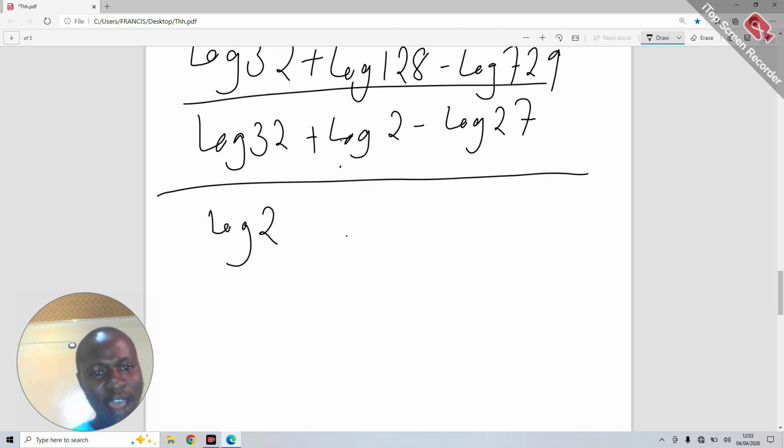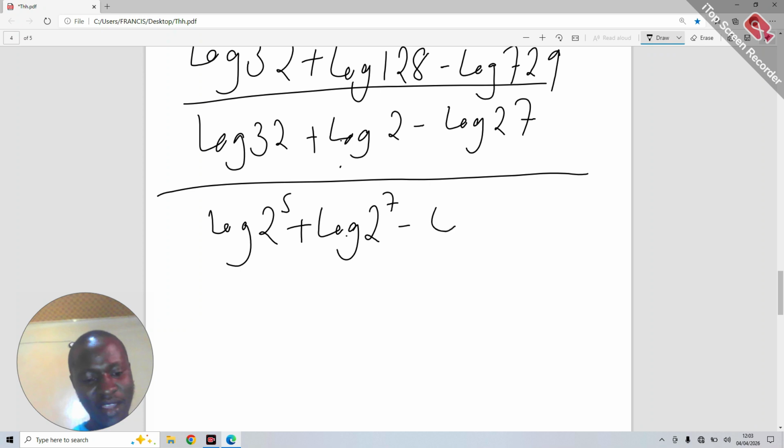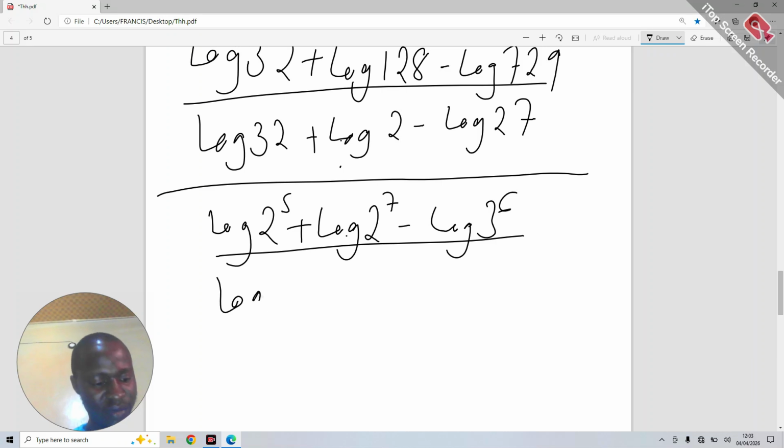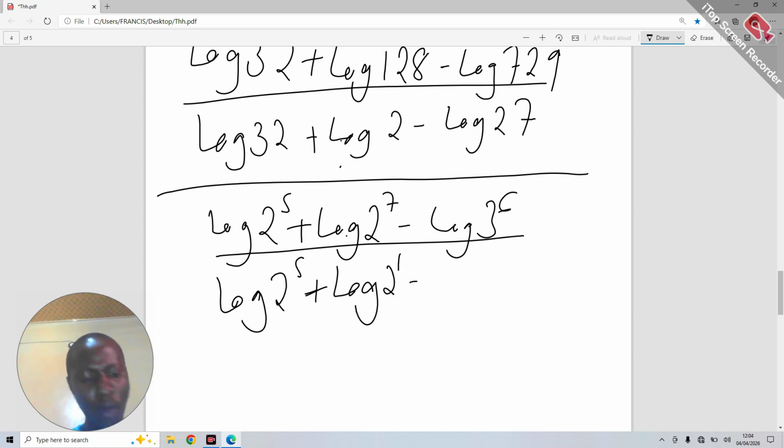Log 2 power 5 plus log 2 power 7 minus log 3 power 6. Everything is all over log 2 power 5 plus log 2, the same as 2 power 1, minus log 3 power 3.